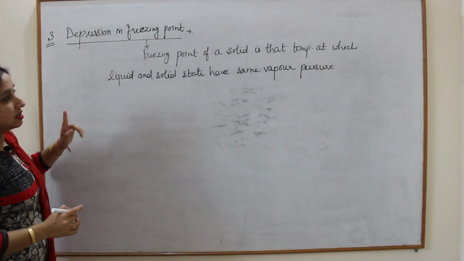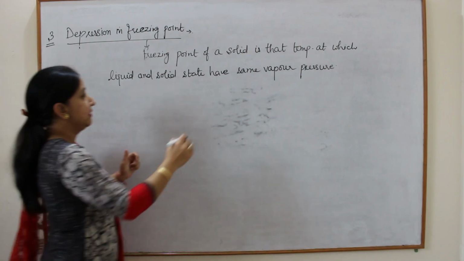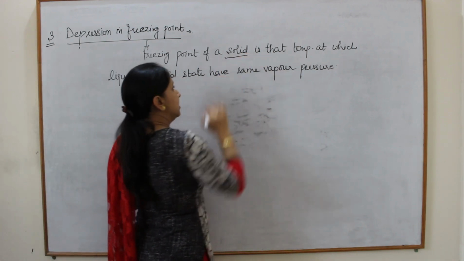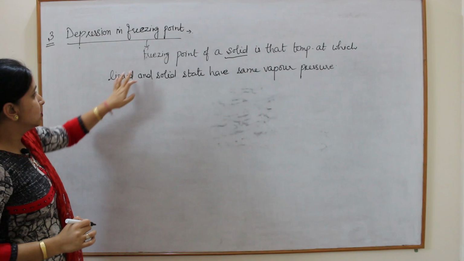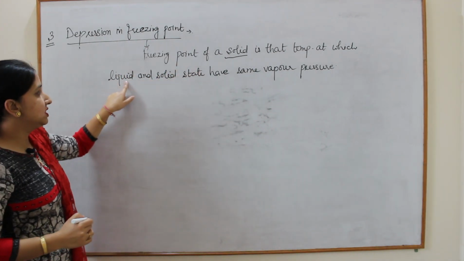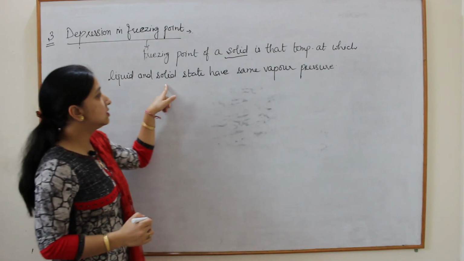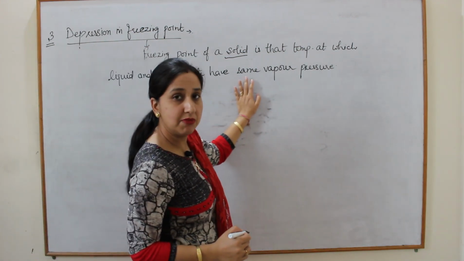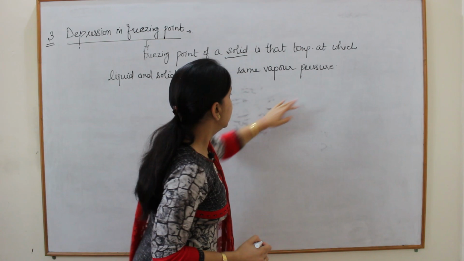Boiling point is the property of any liquid and freezing point is the property of any solid. So freezing point of a solid is that temperature at which liquid and solid state have same vapor pressure.